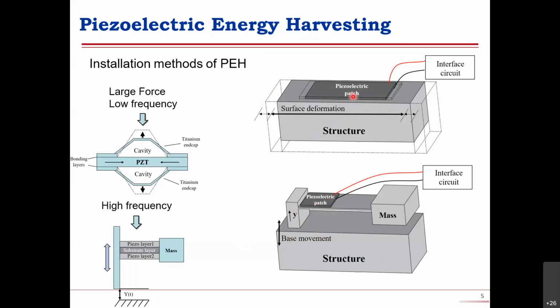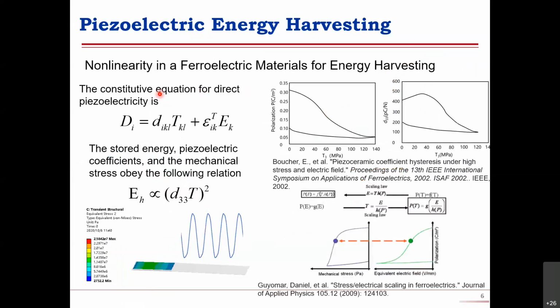sometimes we want a large deformation or very large displacement. However, this is not always good for energy harvesting, because with a large deformation, nonlinearity occurs. This is the constitutive equation for the direct piezoelectricity.